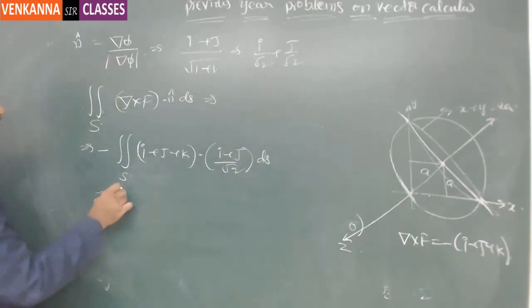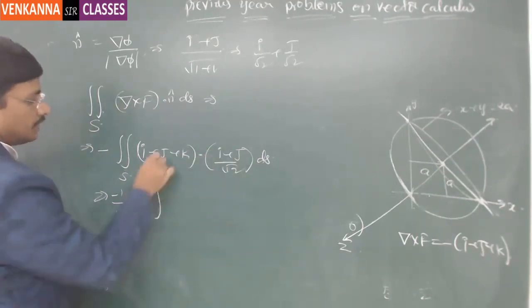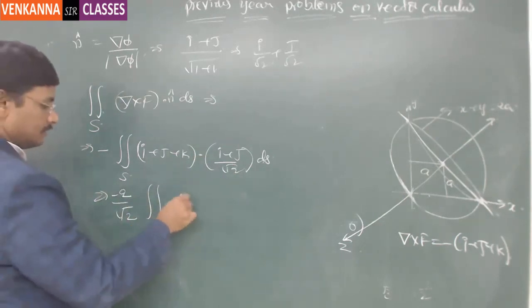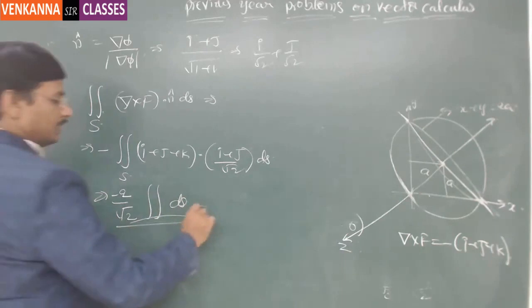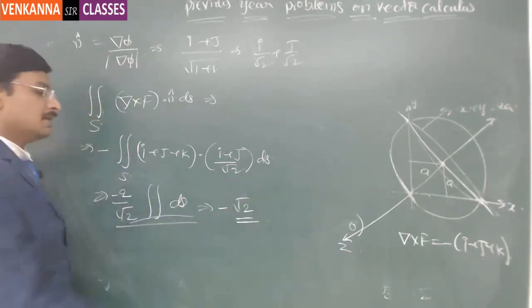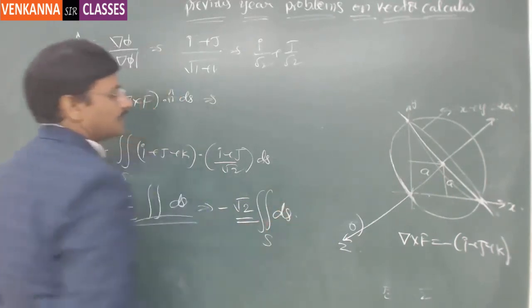So 1 by root 2 you can take out, minus 1 by root 2, and then i dot i is 1 and j dot j is 1. So this will come as 2 and then ds. So this is minus root 2 integral over the surface ds, given by the surface.